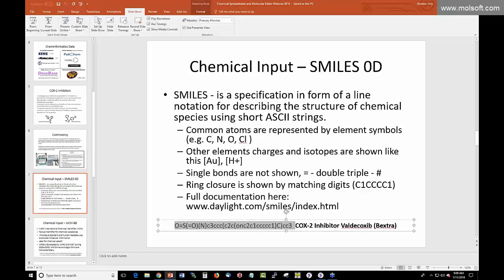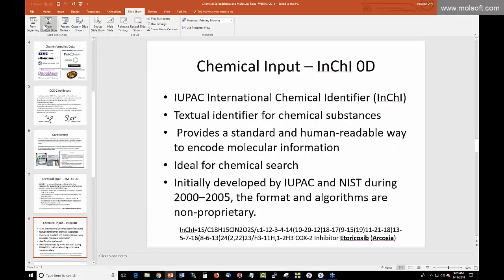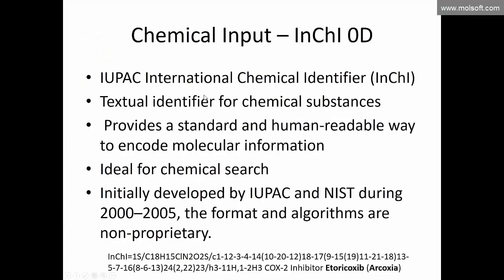So if I go back to the slides, another useful way of inputting chemical data is to use the InChI format. InChI stands for IUPAC International Chemical Identifier. It's a text identifier for chemical substances.